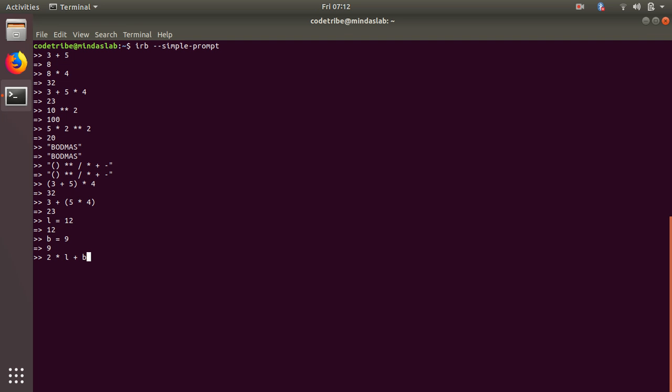If I do that, I'm getting 33. But the thing is, L plus B should be evaluated first, and that should be multiplied by 2. So it should be written like 2 star (L plus B). So L plus B will be evaluated first, and they will be multiplied by 2. So this is the right answer.